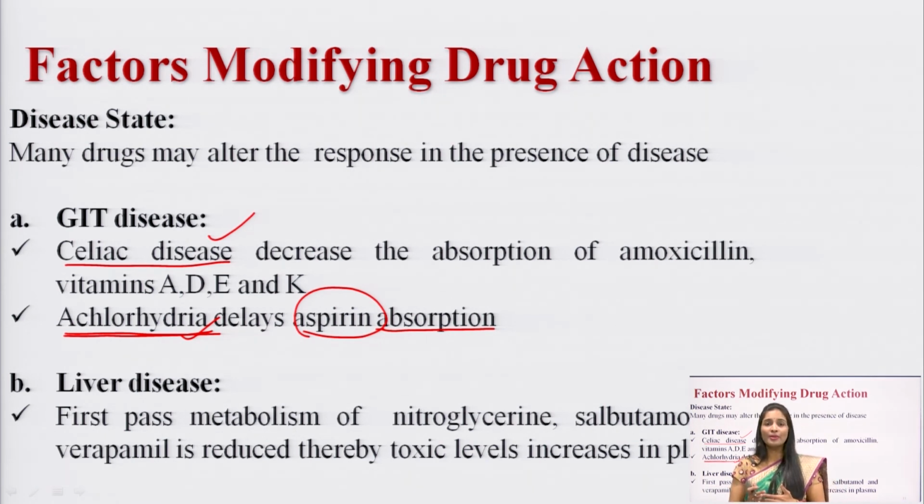The liver function will be impaired. So if I administer nitroglycerin or salbutamol, these drugs cannot be metabolized by the liver. If the drug cannot be metabolized by the liver, the free form of the drug will increase inside the body, which will cause toxicity also.